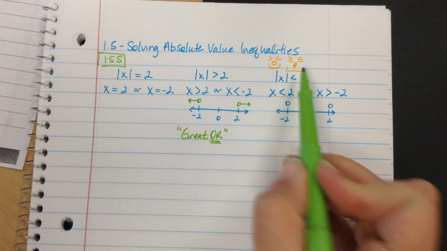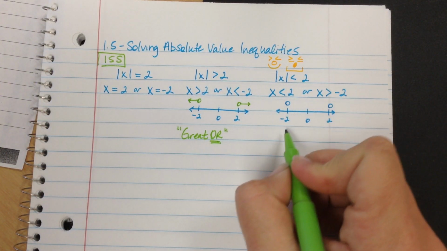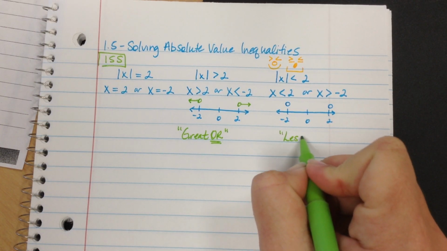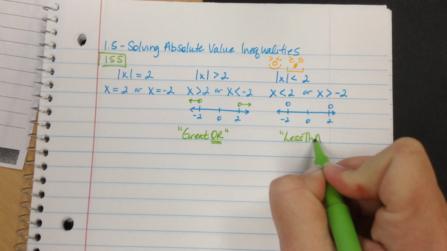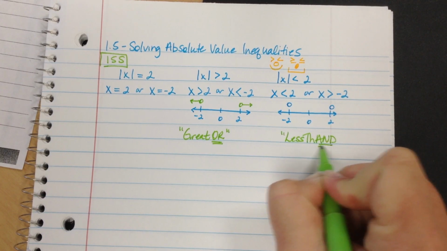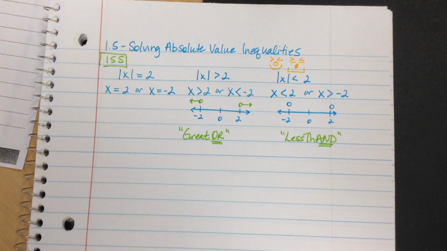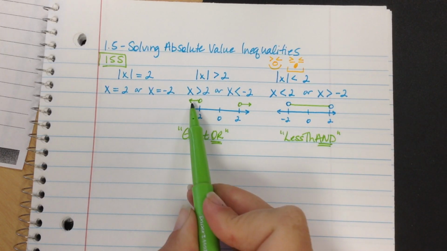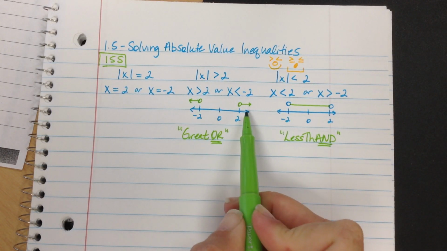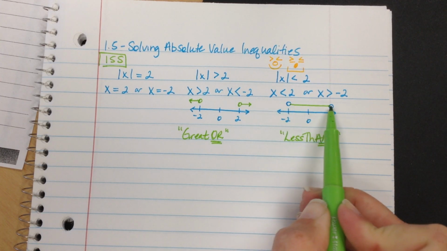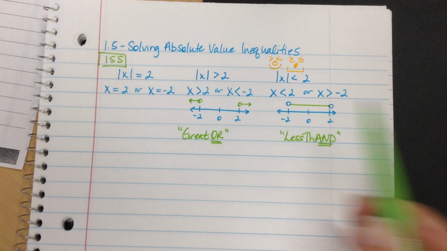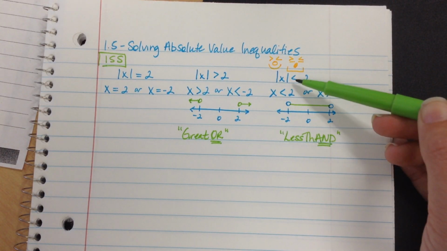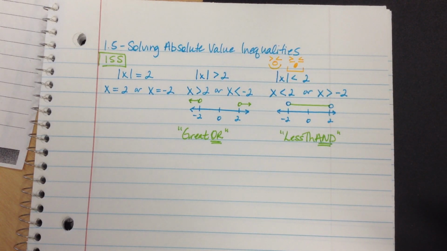Now, less than, that's my less than sign. It is less than. Less than. And means between. So or means opposite. Your arrows are going in opposite directions. And means in between. So your graph is always going to be determined by your original inequality sign.